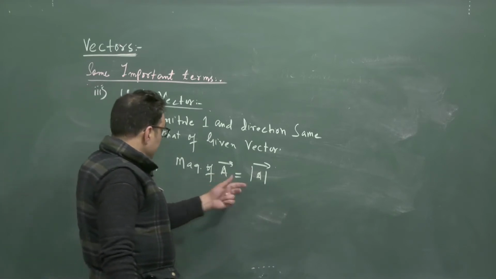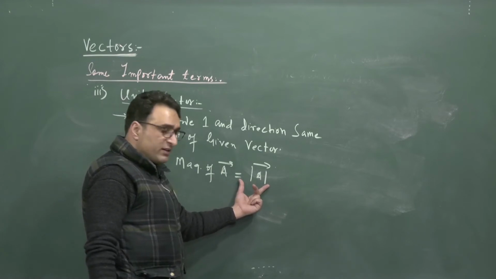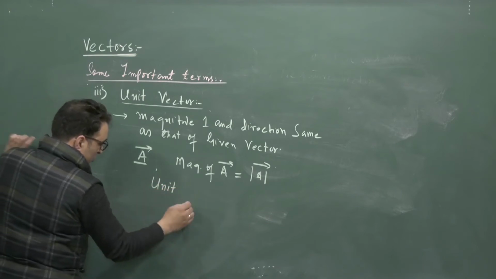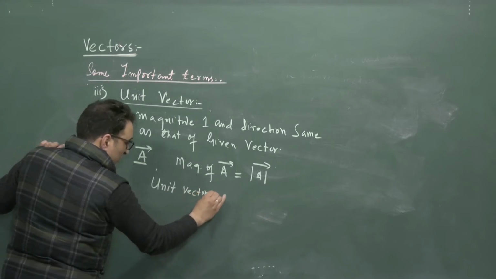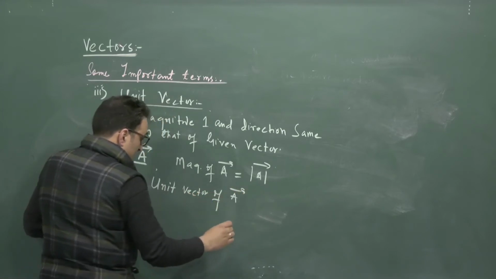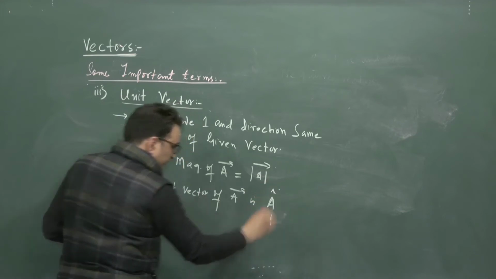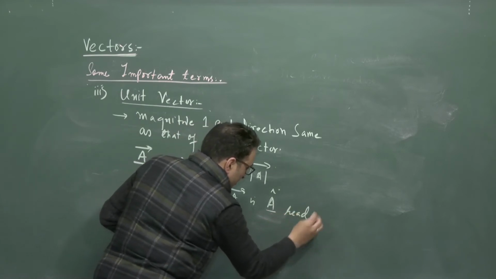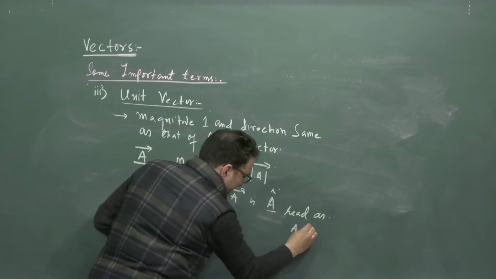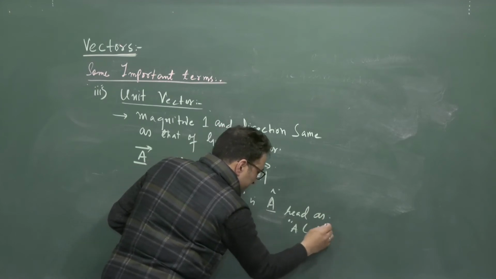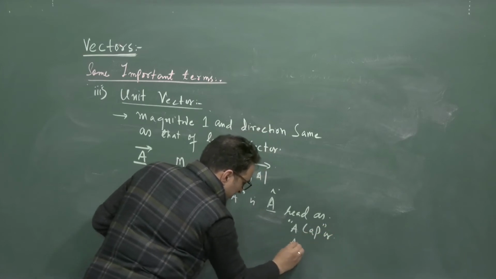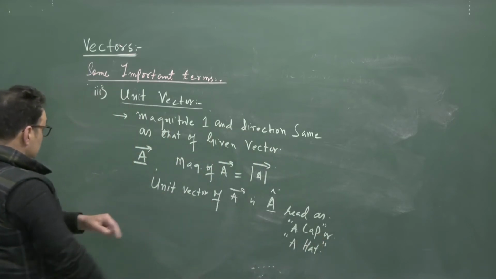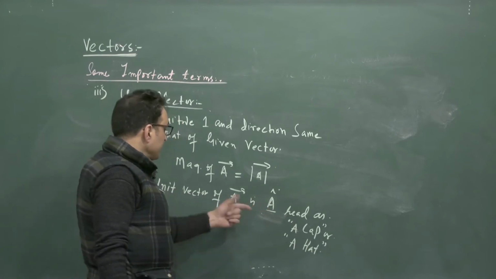Suppose we talk of vector A, its magnitude is represented by modulus of A. Now, the unit vector of A is written as A cap, or A hat. This is how to represent the unit vector of vector A.